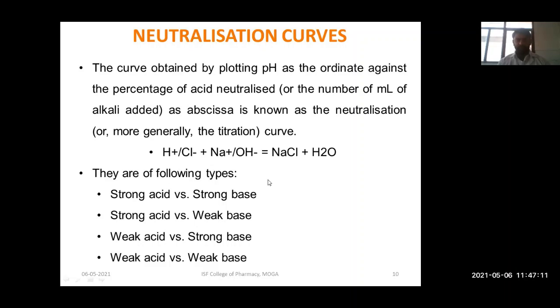There are 4 types of neutralization curves or neutralization reactions: strong acid versus strong base, like the titration of HCl and NaOH; strong acid versus weak base, the titration of hydrochloric acid against ammonia; weak acid versus strong base, like the titration of acetic acid versus sodium hydroxide; and weak acid versus weak base, the titration of acetic acid with ammonia.